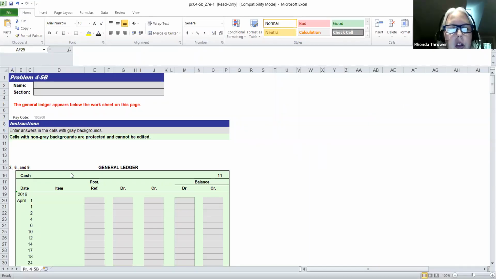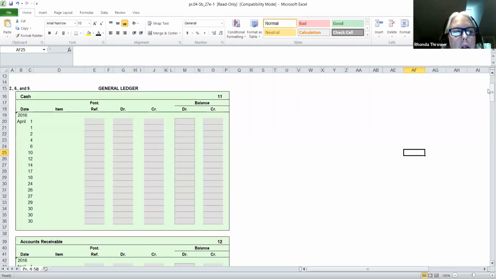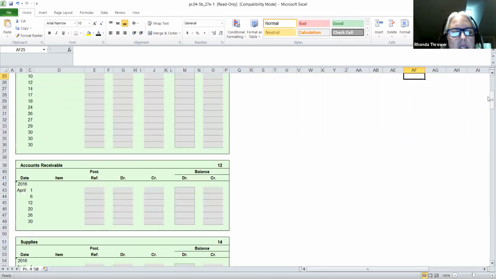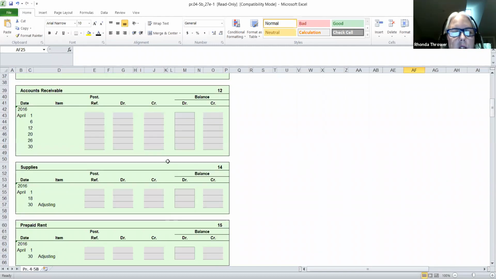Okay, so when you clicked on that spreadsheet, this is what should open up. This is your general ledger. And on this general ledger page here, you can see we have the cash account, accounts receivable. We have all the accounts in the ledger. These are all our general ledger accounts.